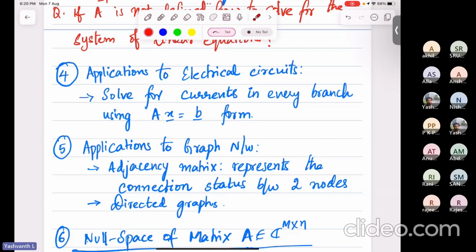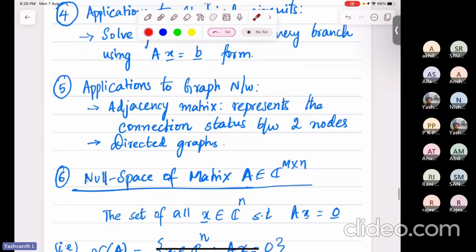Another application which the professor described was in graph networks, where he defined something called the adjacency matrix, which represents the connection status between any two nodes in the graph. Whenever there is a link between the ith node and the jth node, the corresponding Aij entry in the adjacency matrix becomes 1, else it becomes 0.